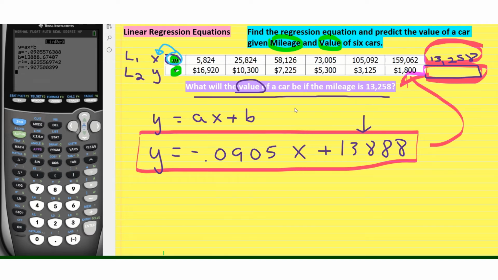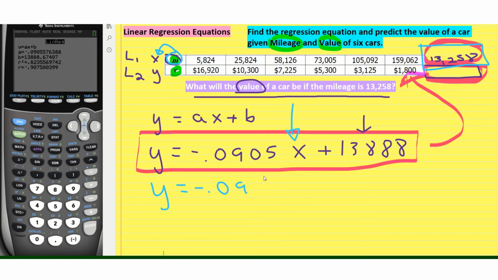So the thing is, though, is that our mileage is associated with the X value. So that means where this X is where I'm going to put this mileage figure. So it's going to be Y is equal to negative 0.0905. Let's go ahead and reduce that number to just 2 decimal places. We're just going to make it negative 0.09, and we don't need all those decimal places, so let's do that.